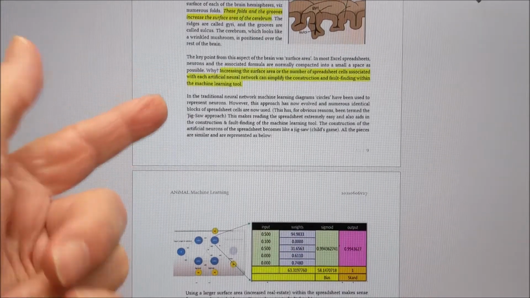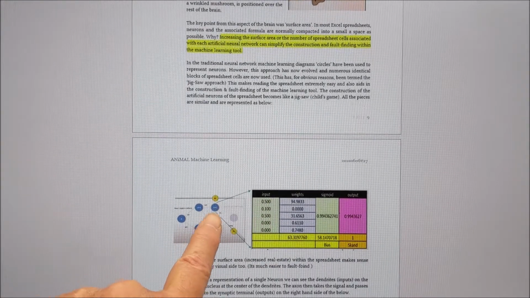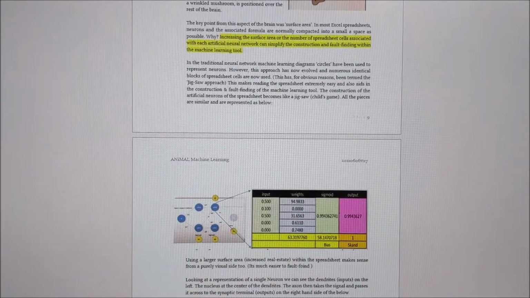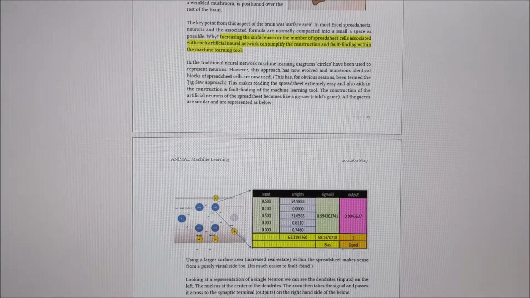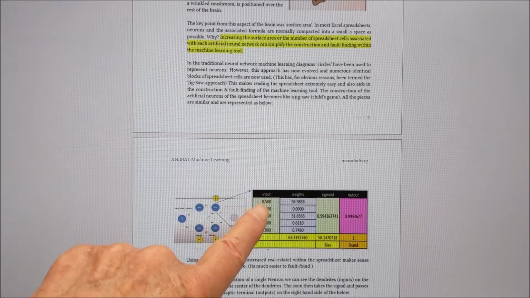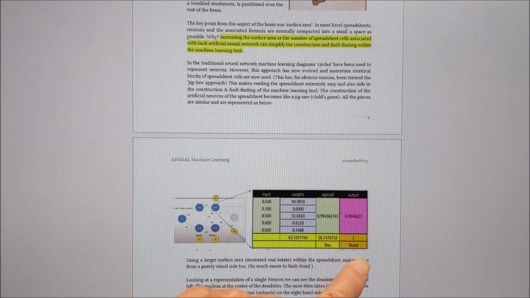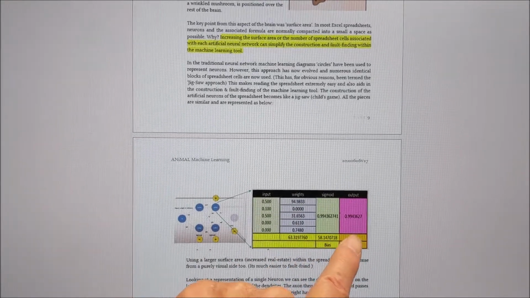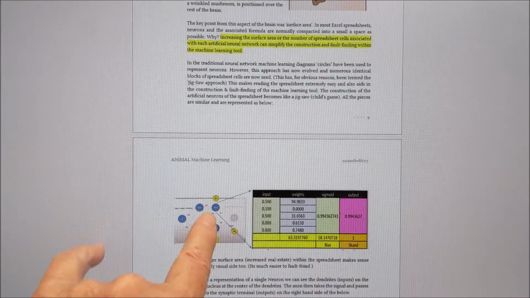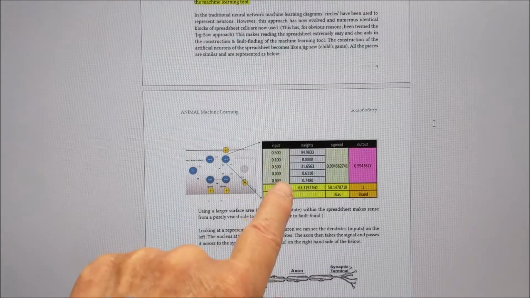Rather than little circles in a spreadsheet diagram, we expanded that to be a complete neuron in its own right, with its inputs, its weights, its bias, synaptic shrinkage. I'll come on to that in a minute, and it's all in that package. So rather than have a circle, we have that.